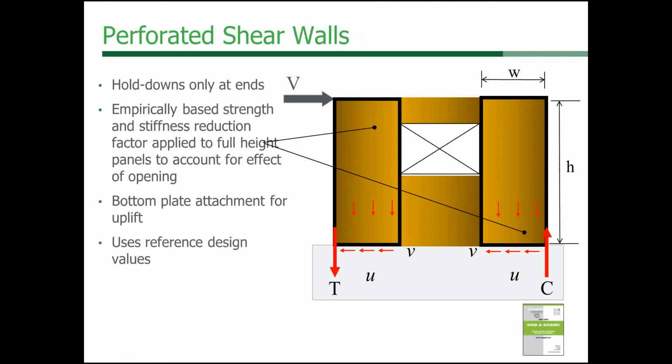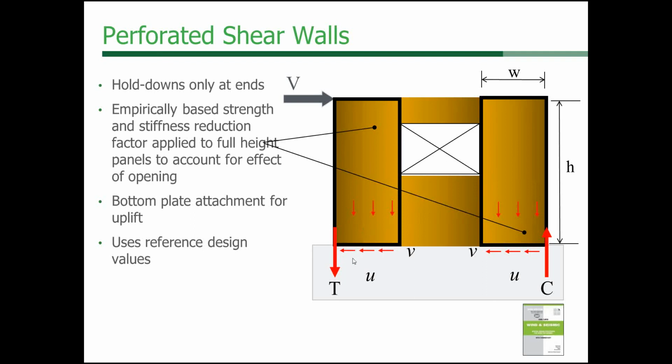The third shear wall is a perforated shear wall, which is based on empirically based strength and stiffness reduction factors. You're treating it as one entire wall, yet you're requiring that the bottom plate is detailed and attached to resist in-plane shear and uplift as well.